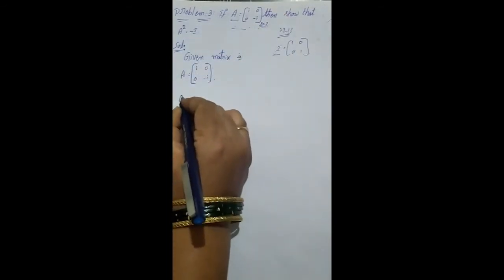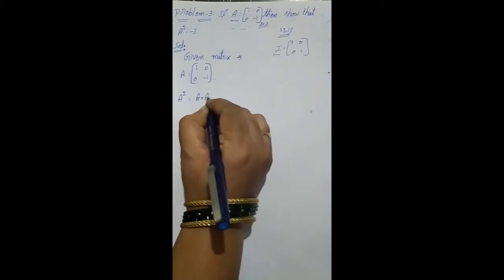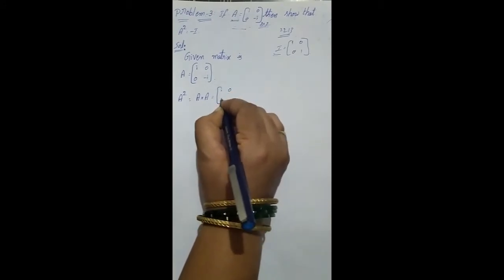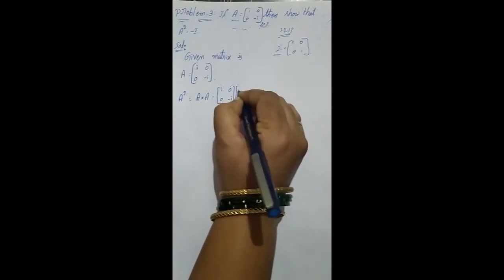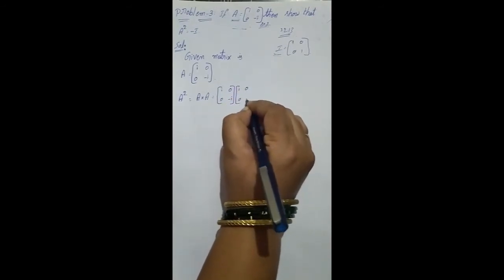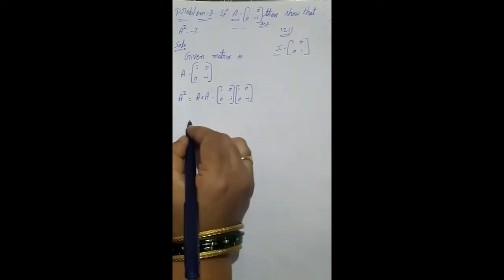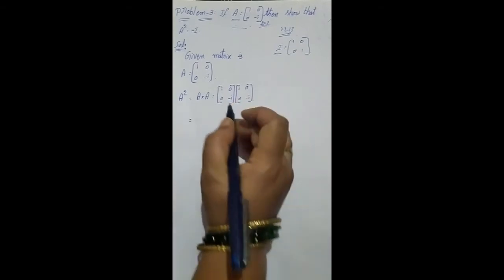Further, next find A squared. A squared equals A into A, that is, matrix A [i 0; 0 -i] into [i 0; 0 -i], a matrix multiplication. That is equal to multiplying these two matrices.